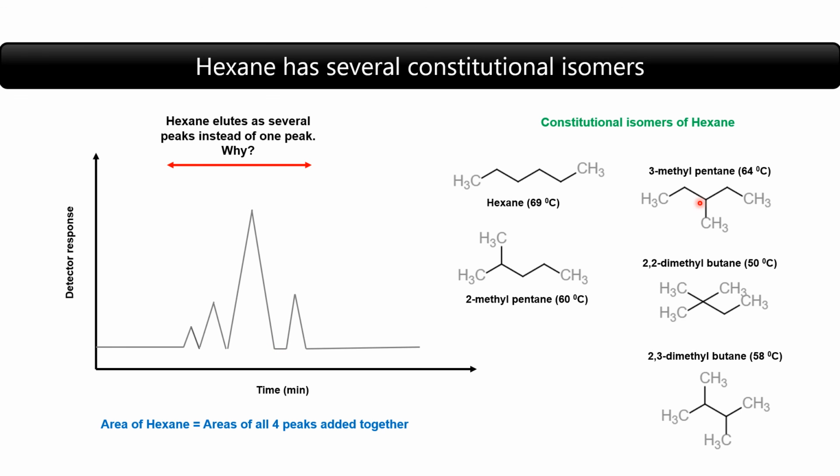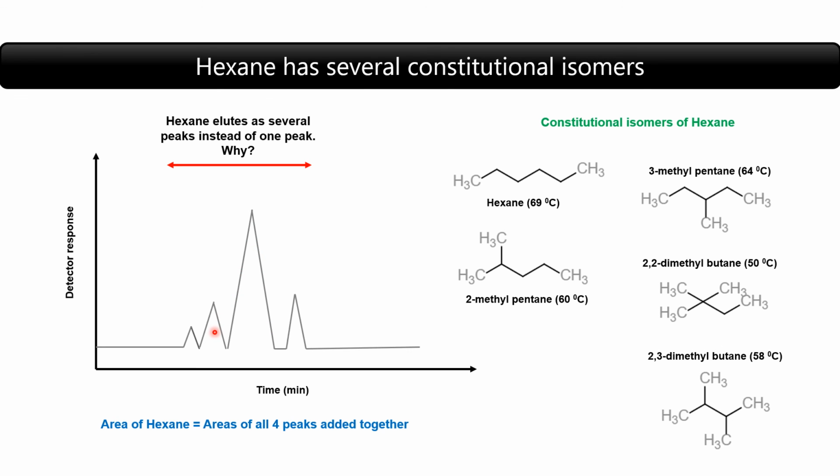So the constitutional isomers with the lower boiling points will constitute these earlier peaks, and probably hexane, the major one that we're looking at, is in these later peaks.